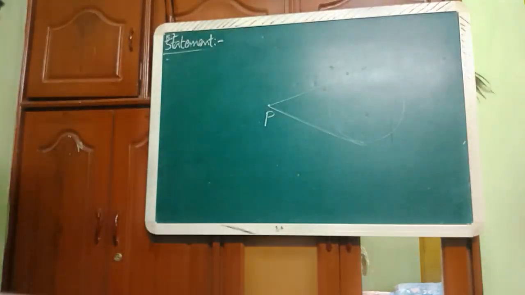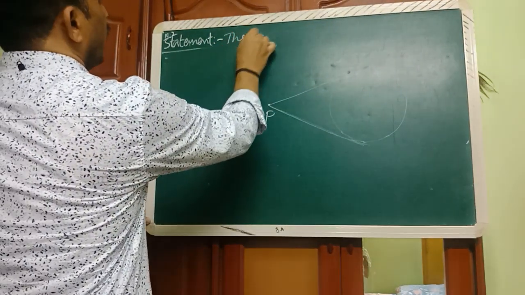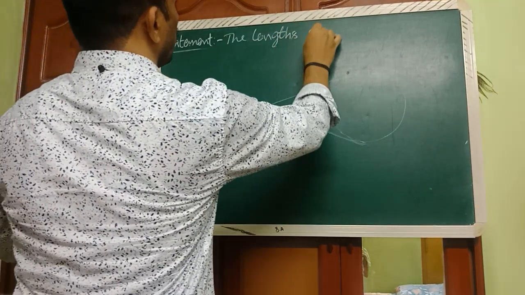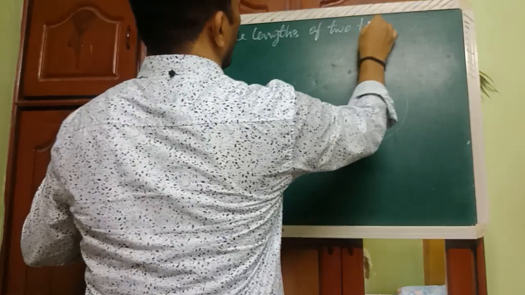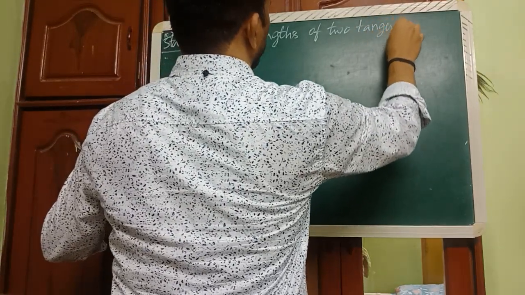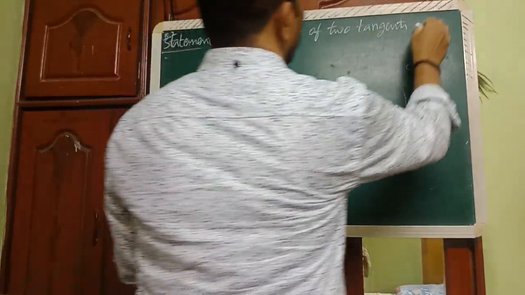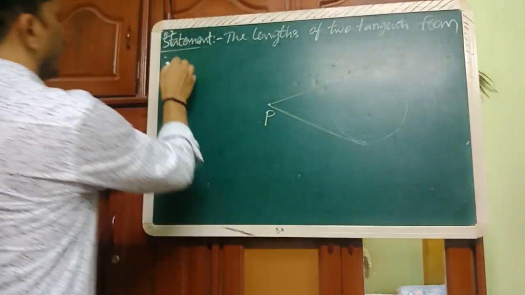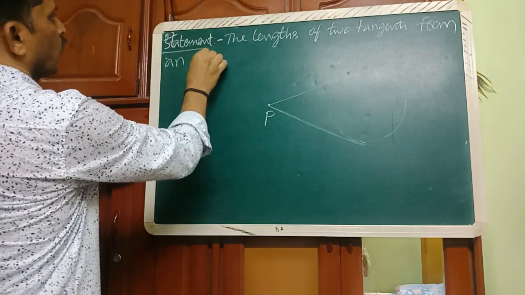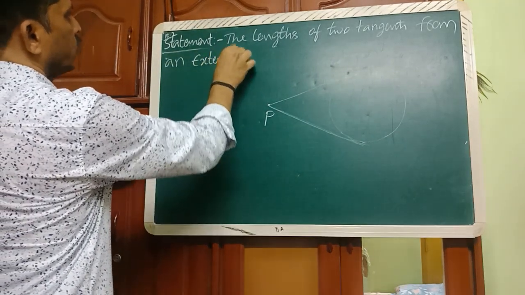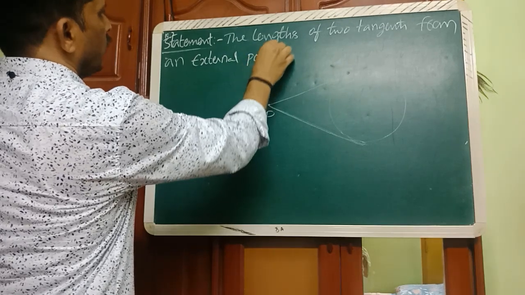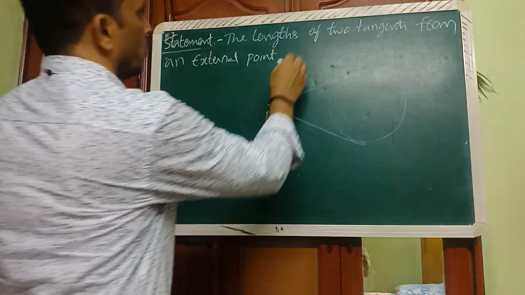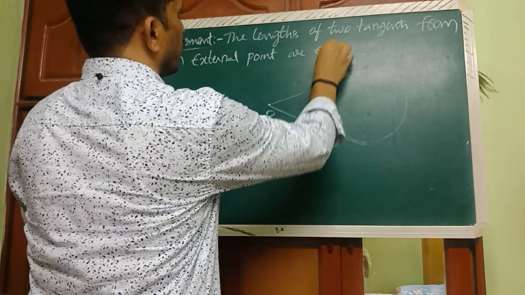The 10.2 theorem says the lengths of the 2 tangents from an external point, or outside point, are equal.